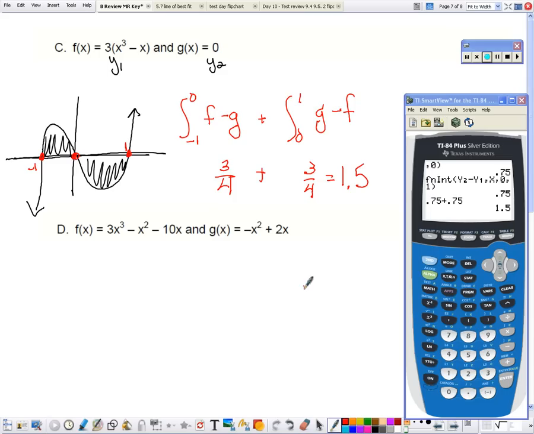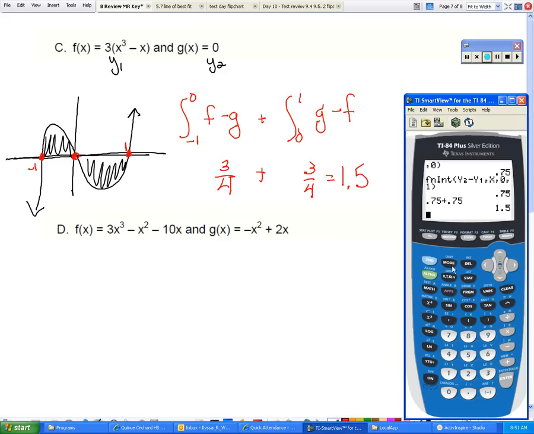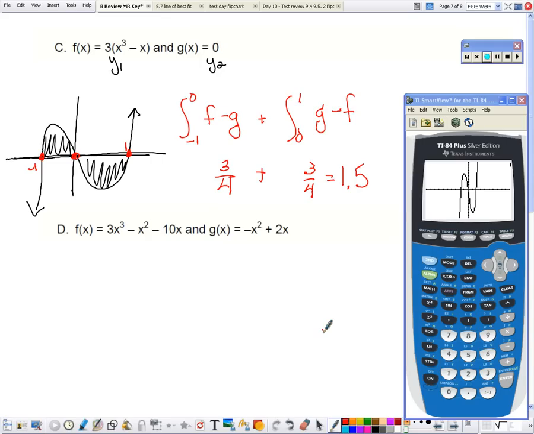And last but not least, D. So I put this in y1 and this one in y2.